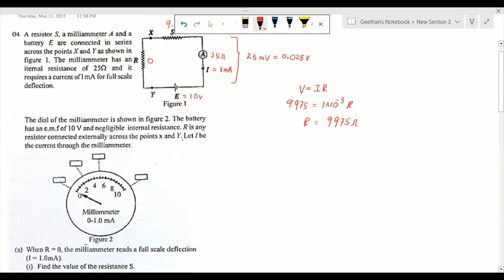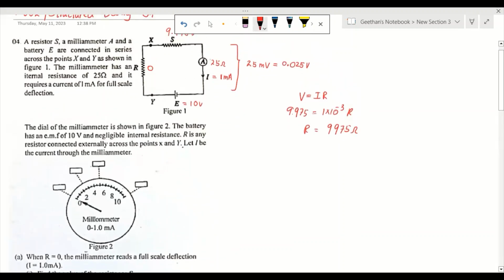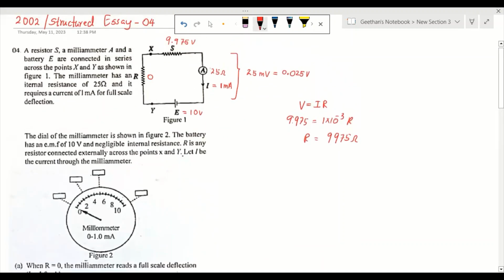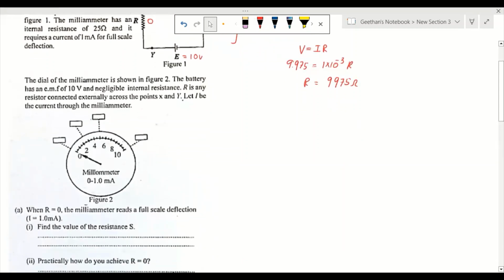So how do we write this in a proper way? We can say that the value of S is equal to, or you can just apply Kirchhoff's law and show that. The simple version of this is applying Kirchhoff's.